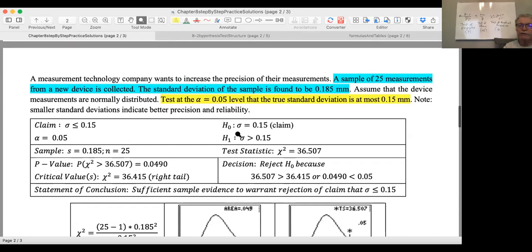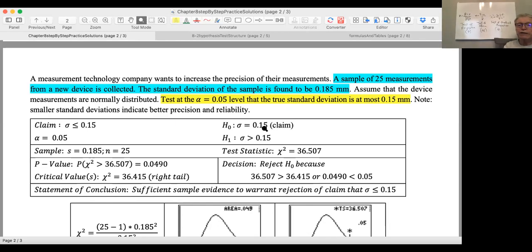We look at H0. We see that this, again, is a test of standard deviation. And we see that we have a value of 0.15, which is the assumed value for sigma in this problem. Now, we need other things besides sigma to calculate the test statistic. We know since it's a test of sigma, we have to use the chi-squared test statistic because that's the one that has the sigma in it.